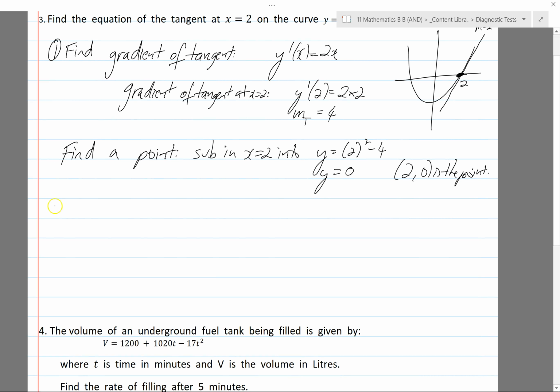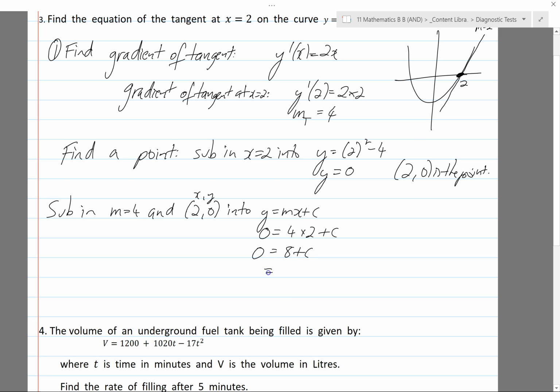Okay, so from here, I'll sub in m equals 4 and the point 2, 0 into y equals mx plus c, and hopefully I'll be able to find the c value and we'll be good to go. So 0 equals m is 4 times 2 plus c, 0 equals 8 plus c, my c value is minus 8.